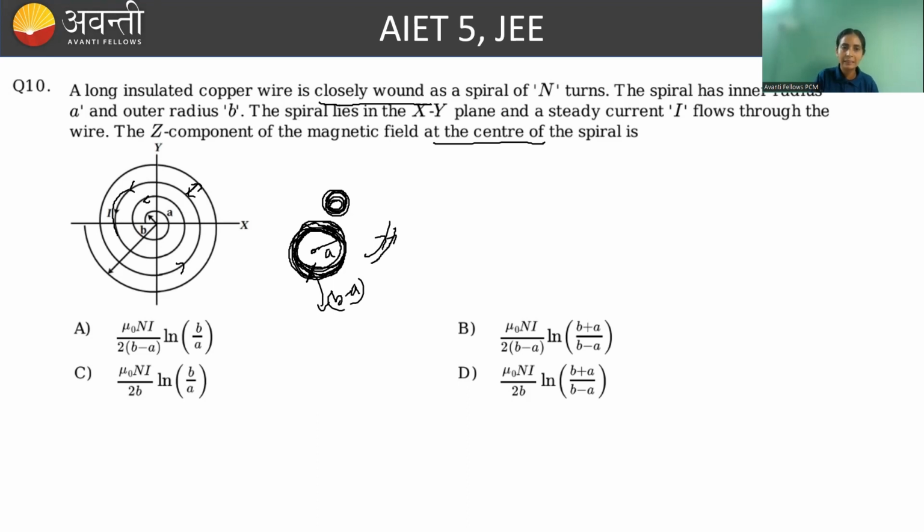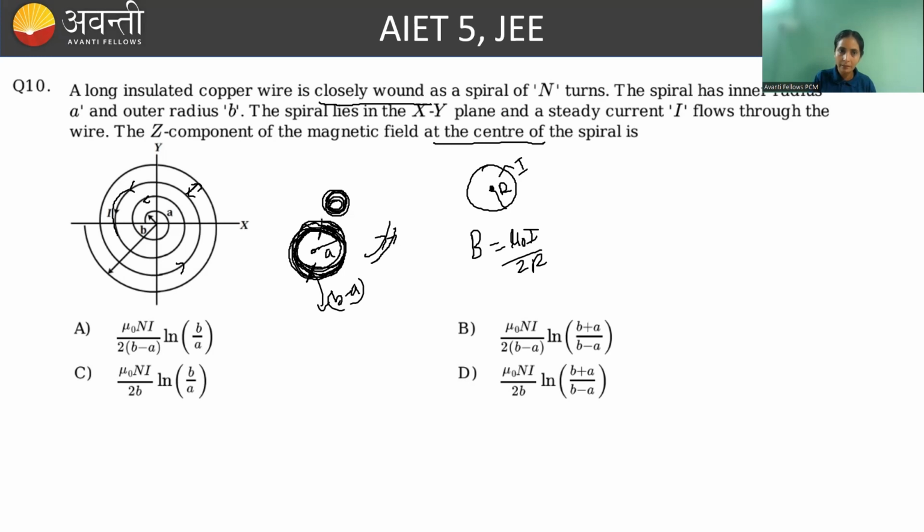And we have to calculate the magnetic field at the center because of this setup. If there is a single coil and we have to calculate the magnetic field at the center, its value will be mu naught I by 2R, where R is the radius of the coil and I is the current. Here there is not a single loop; there are so many loops of different radii.